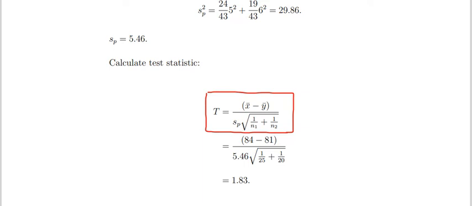So at first we need to find Sp. Sp is the pooled standard deviation. This P stands for pooled, and pooled means put together.